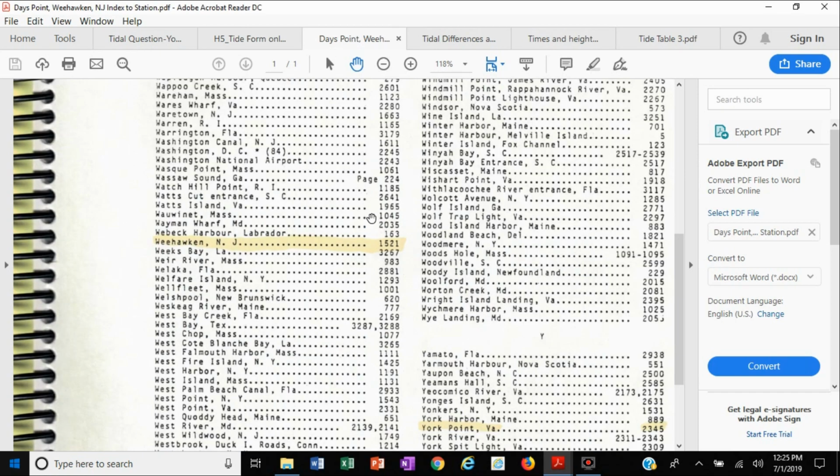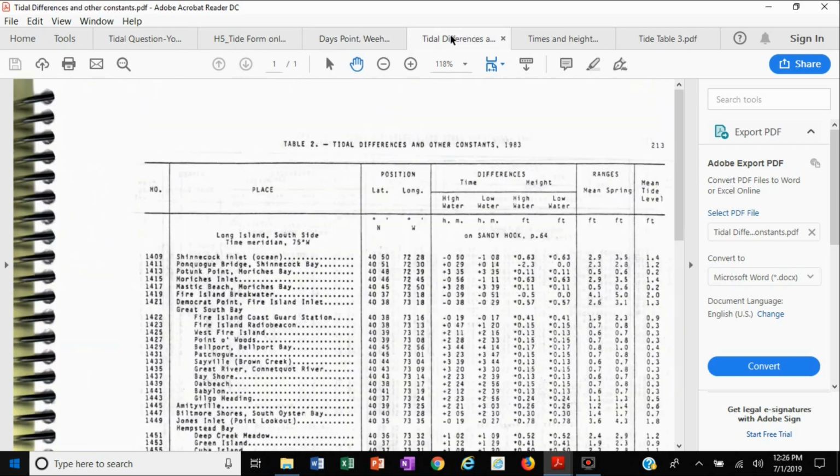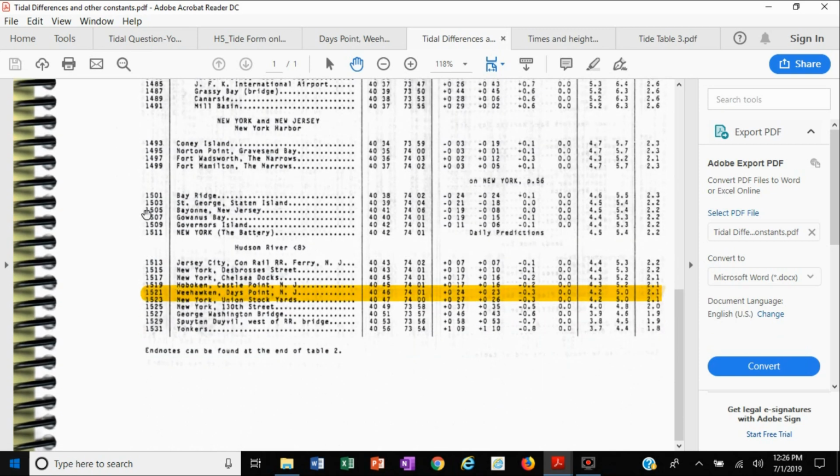Now that we have that index number, we can go to the second thing, which is Table 2, the tidal differences and other constants. In 1983 this one happens to be on page 213. If we go down here and look for that index number, right here is 1521, Weehawken, Days Point, New Jersey.